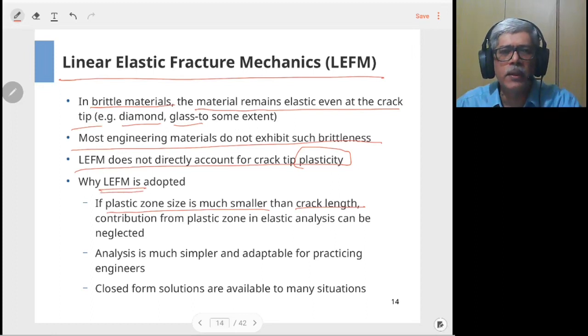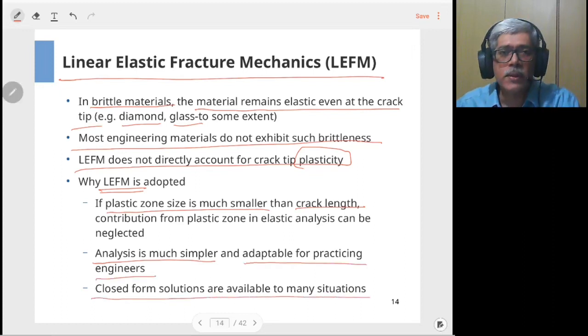For many situations where the crack size is not very large, or you are not applying very huge loads for small cracks, the LEFM approach works pretty well. Because the material model is linear elastic, the analysis is much simpler.